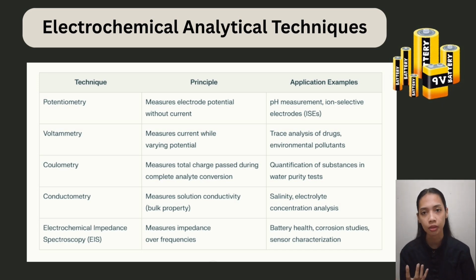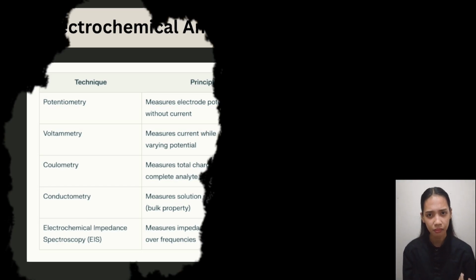Next is conductometry, which measures how well a solution conducts electricity, which tells us about the ions that are present. Next is electrochemical impedance spectroscopy, or EIS, which looks at how the system resists electrical flow at different frequencies, helping study batteries or corrosion. Each technique gives us different information about the chemical samples.